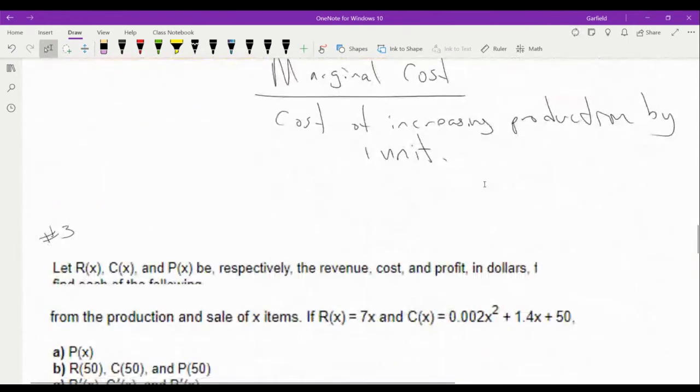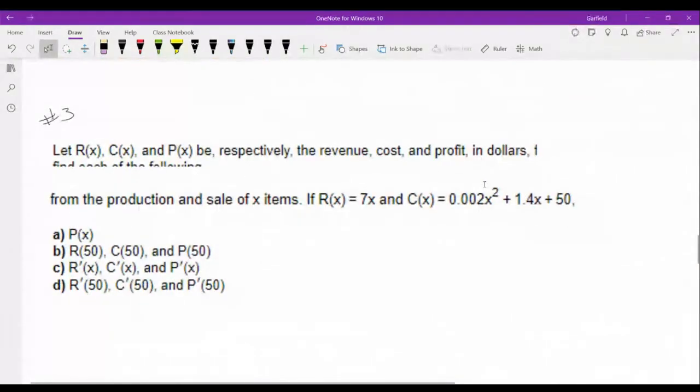Let's see what our next problem is. Number 3. Is this our number 3? Yep. All right, so number 3 says they give us two functions here.